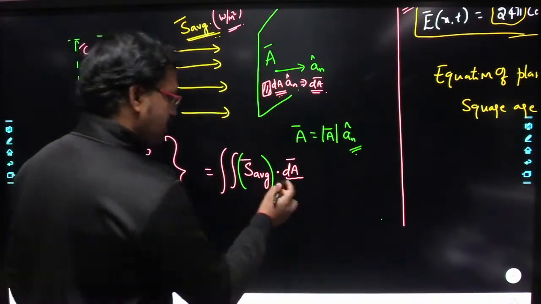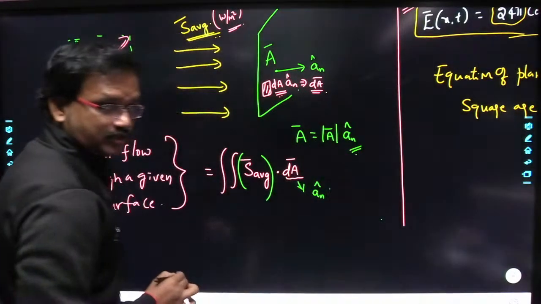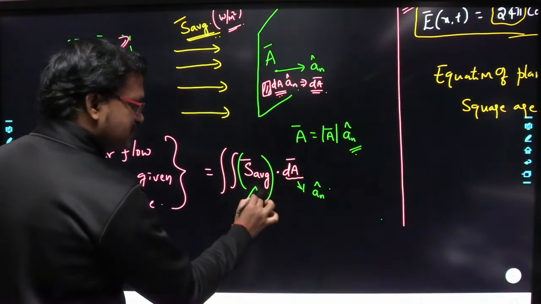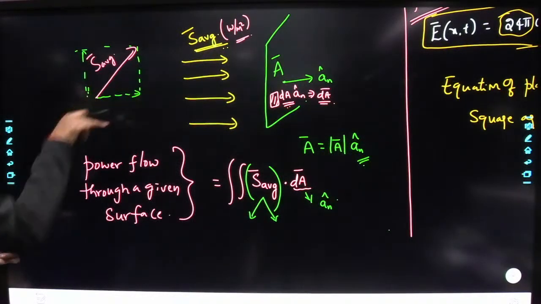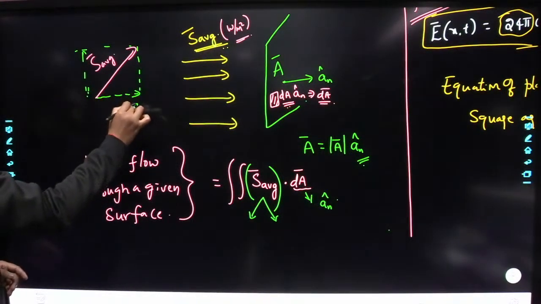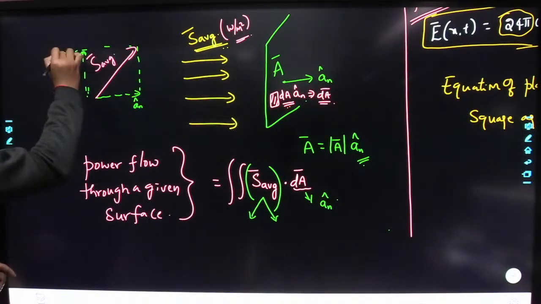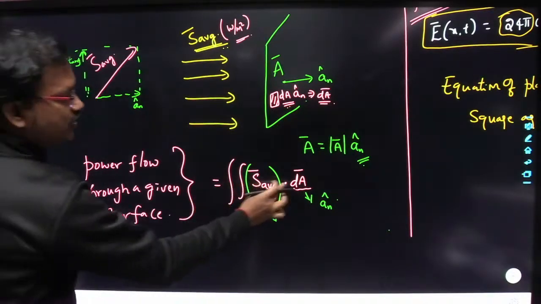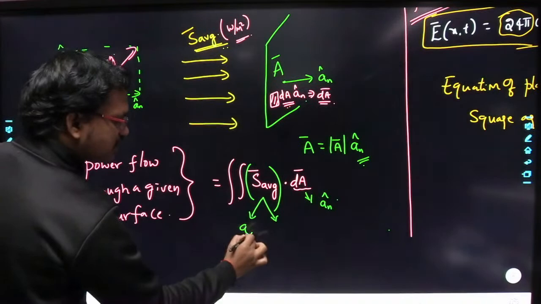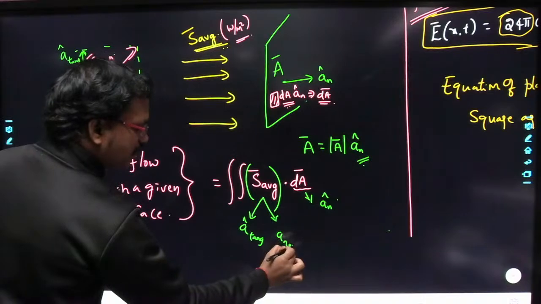See here, this differential area is pointing in the AN cap direction. Suppose this S average has two components, one parallel component and another normal component. The normal one is pointing in the AN cap direction, and this one is pointing parallel, or tangential, to the surface. I am representing this with a tangential cap. So S average has a tangential component and also a normal component.